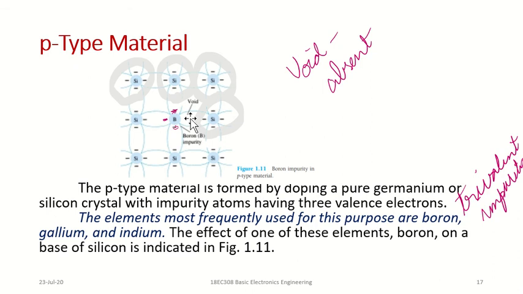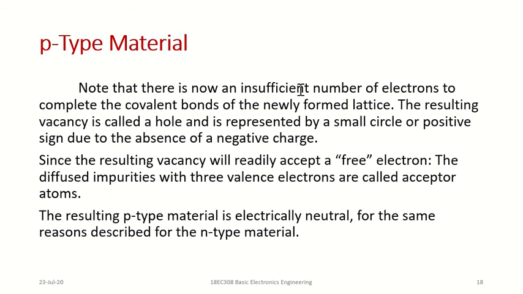This shortage, void or absence is also called a hole. Note that there is an insufficient number of electrons to complete the covalent bond. The resulting vacancy is called a hole, and it is represented by a small circle or positive sign.